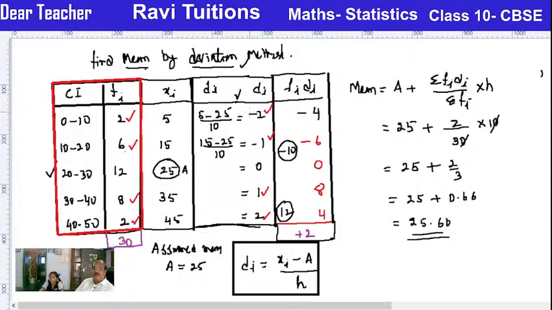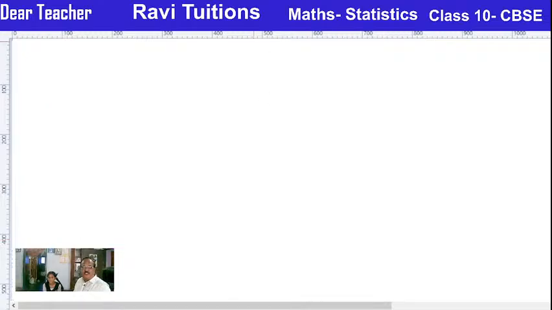So for such frequency tables, you can use the deviation method. So both methods are okay. I hope you have understood, right? So now textbook questions. We will start doing problems from tomorrow.